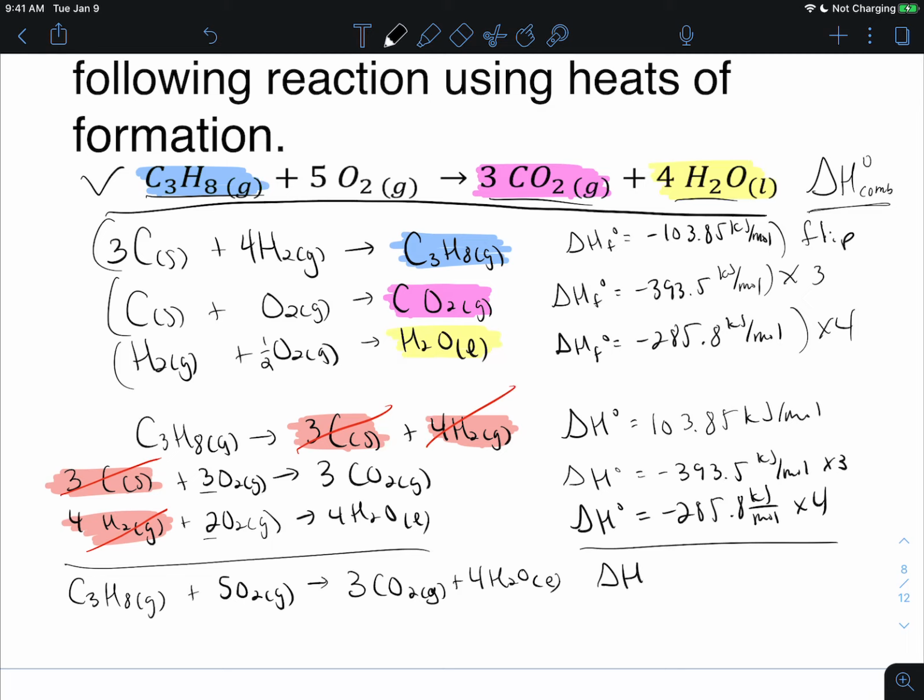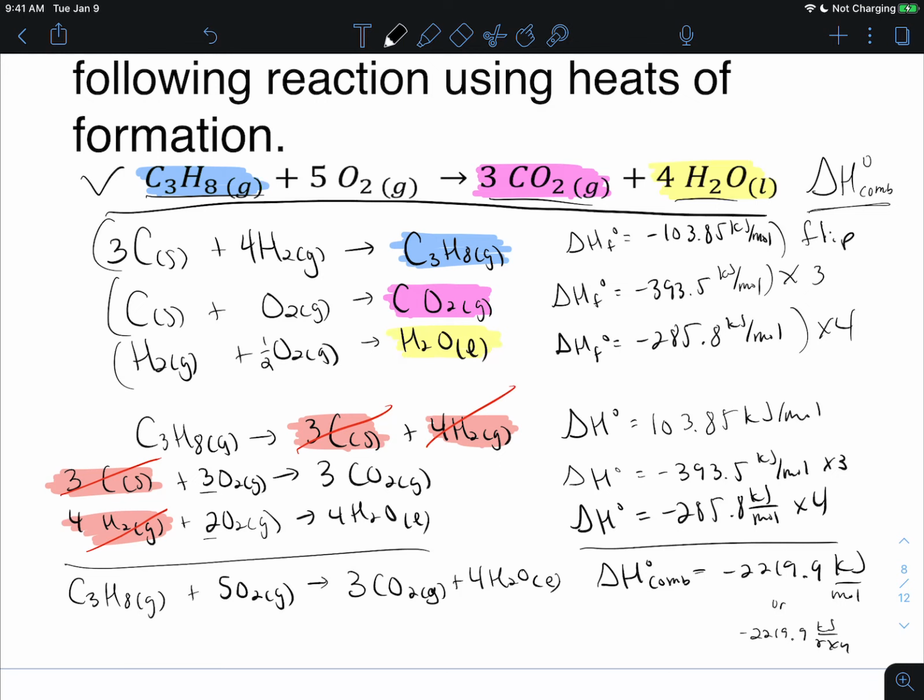Then solving for our delta H of combustion, it's going to give us negative 2219.9 kilojoules per mole of our propane, or per reaction. Okay, we can write it either way.